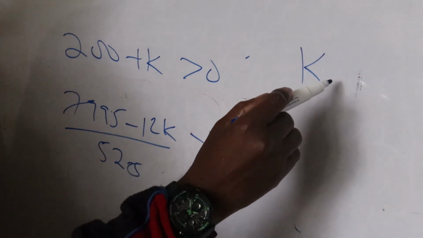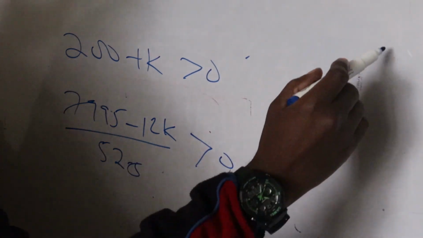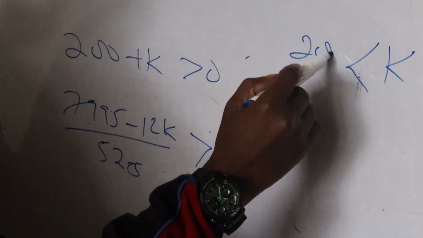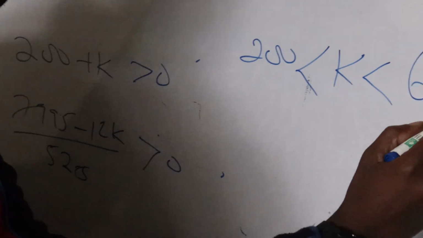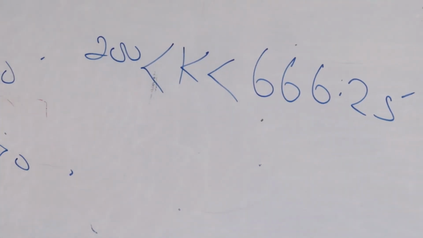K is greater than 200 but less than 666.25. So that is the value.